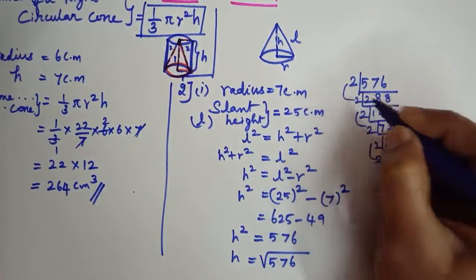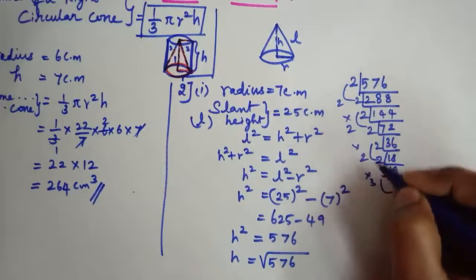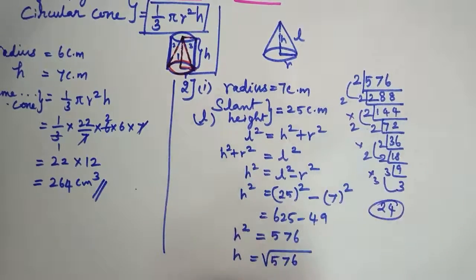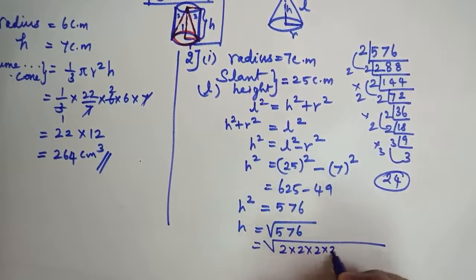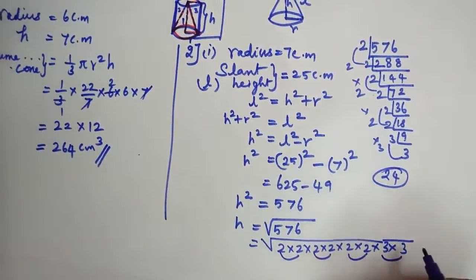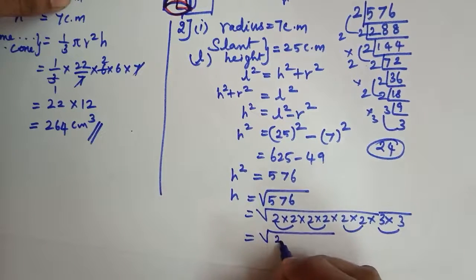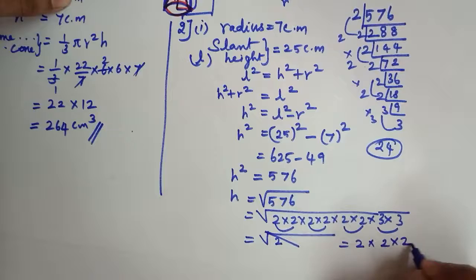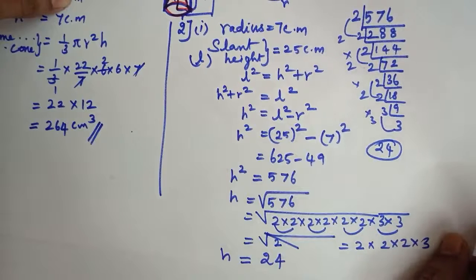Take one number out of each pair of equal numbers. So 2 into 2 into 2 into 3 is equal to 24. So h is equal to 24. Is it clear, students?